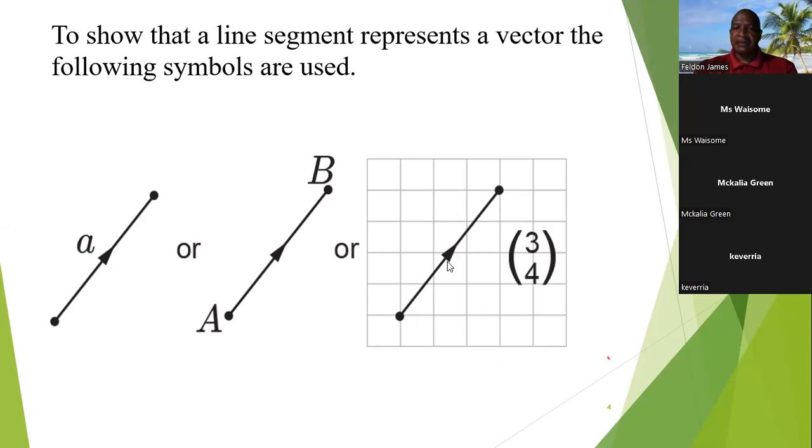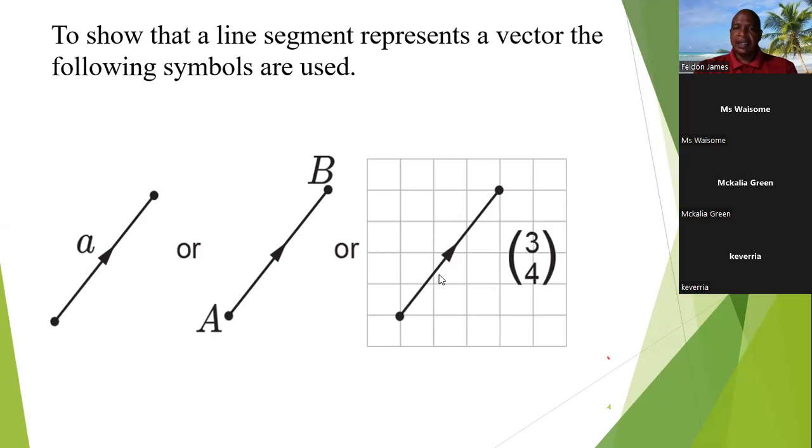You can represent a vector on a graph by looking at the coordinates at the end point of the line. If the vector is starting from 0 and the end point has coordinates 3, 4, you represent that in column form, and that becomes a representation for that line.